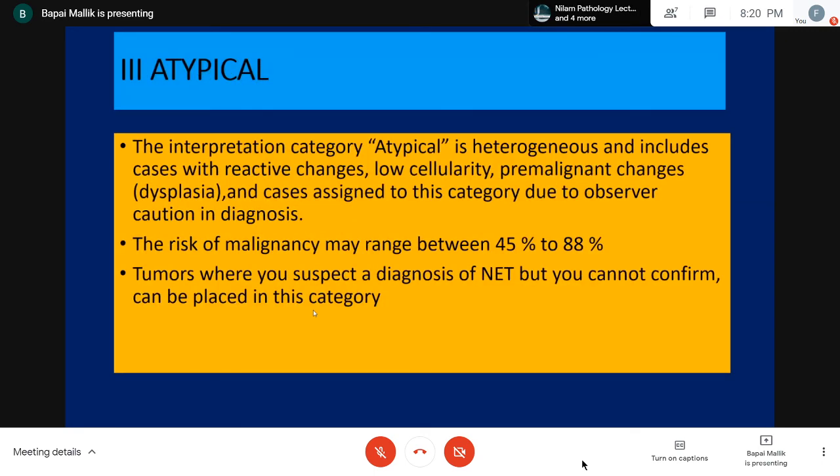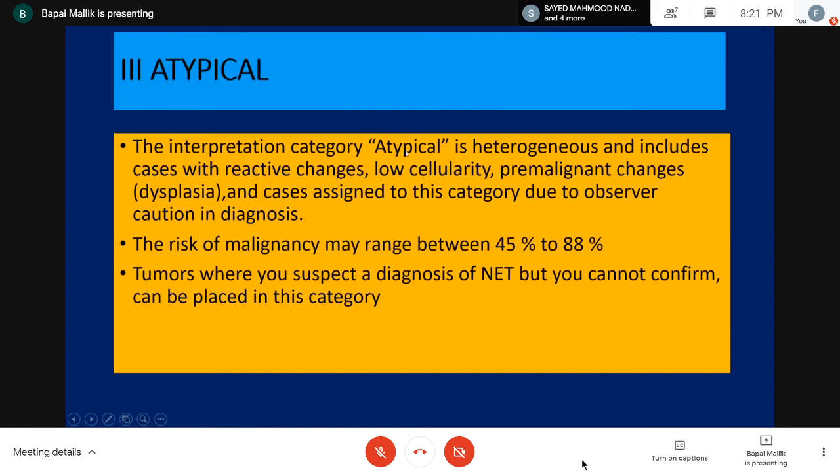What about atypical? This is tricky. The interpretational category atypical is heterogeneous and includes cases with reactive changes, low cellularity, pre-malignant changes, dysplasia, and cases assigned to this category due to observer caution in diagnosis. Most often you report cases under this category when you see specific reactive changes.